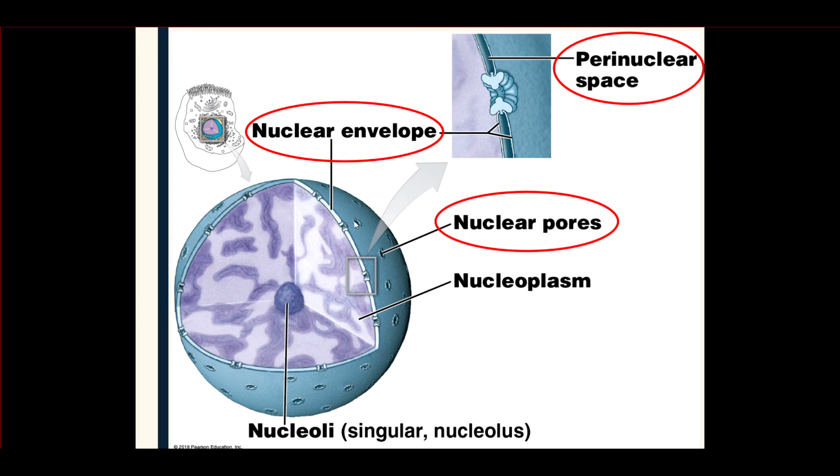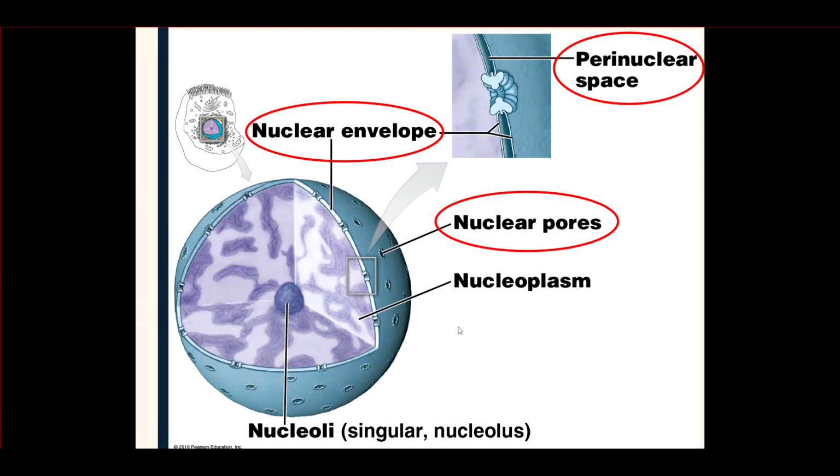They almost look like craters on the moon. Those holes, here's the one that we have blown up, are the nuclear pores. Things that are made inside the nucleus can leave the nucleus through the nuclear pore and then go out into the cytoplasm. That's going to become important to us when we do protein synthesis.